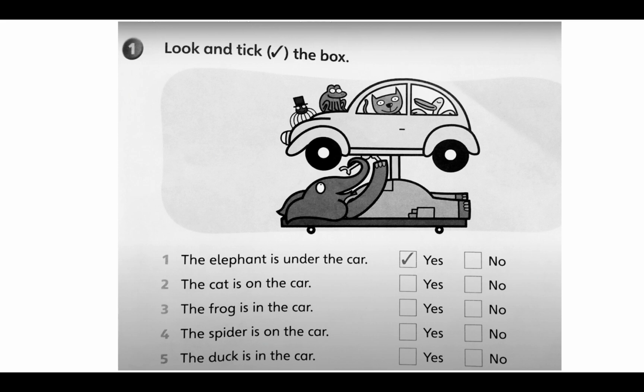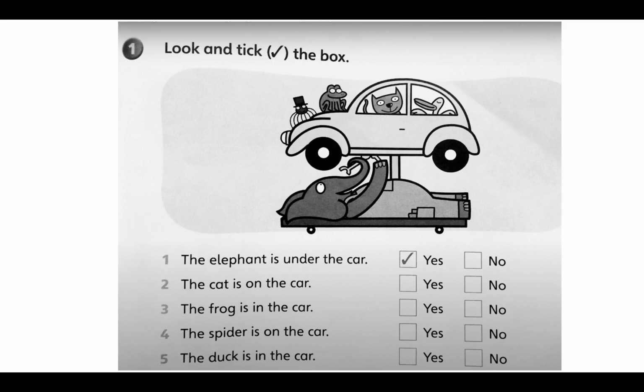Alright, so look at the first question. Read the instruction. Look and tick the box. Lihat dan tandakan right di kotak. As you can see, there is a picture here. Ada sebuah gambar di sini. And there are 5 sentences. So, we need to read each sentence and tick the box if it is correct.